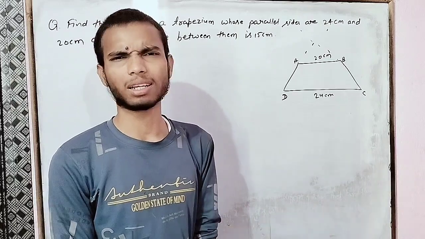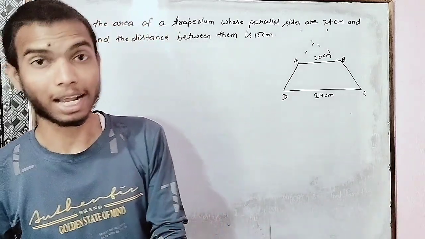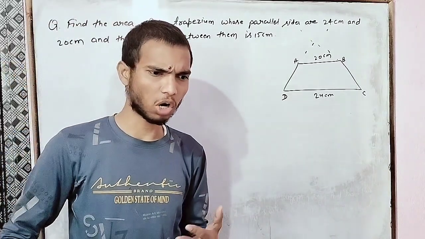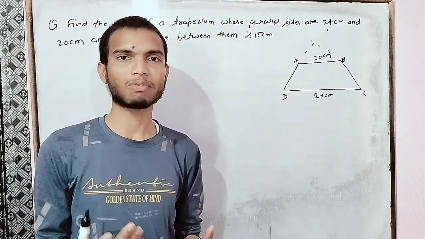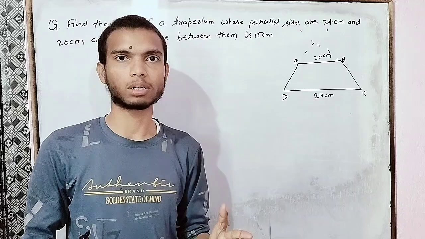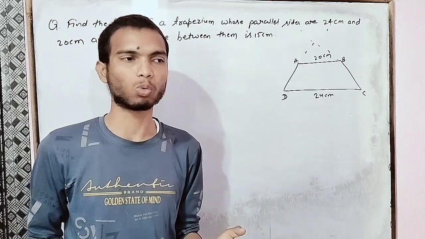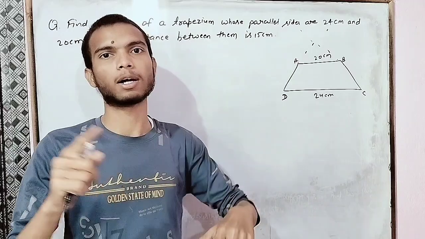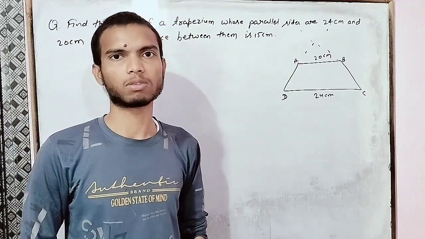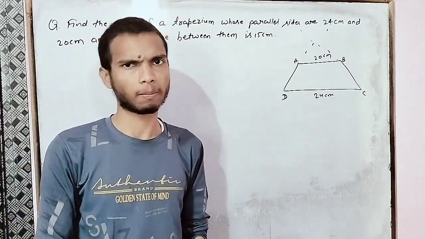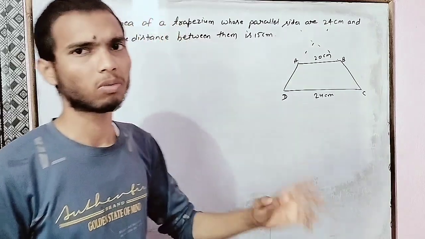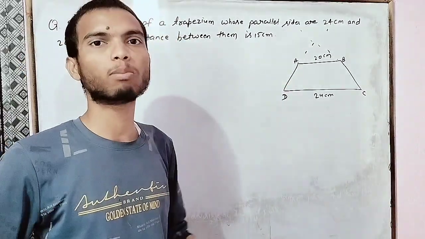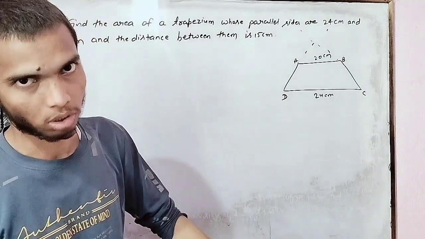To find the area of a triangle, the formula is 1 by 2 times b times h. Similarly here we are using 1 by 2 because this is making the shape of a triangle. That's why we are saying 1 by 2.